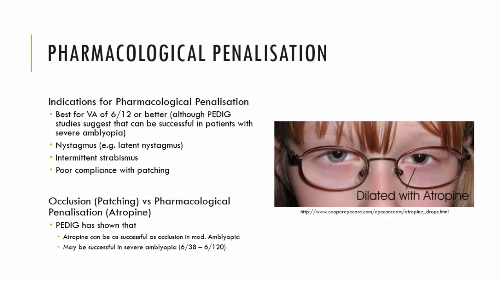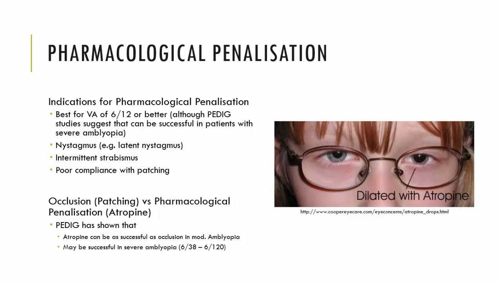The first is if you have a patient with nystagmus such as late nystagmus. In this instance, when you occlude the eye, you're obviously eliciting the nystagmus. So it may be better to use pharmacological penalisation in this instance so that you don't elicit the larger amplitude nystagmus through monocular viewing.